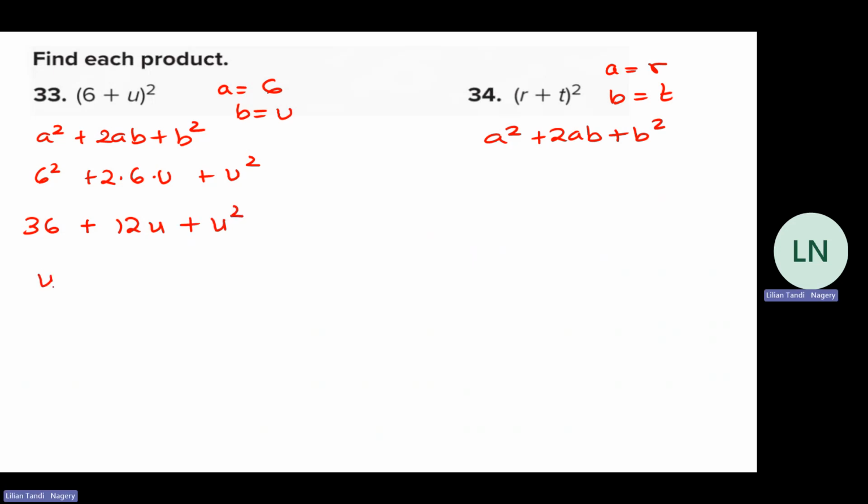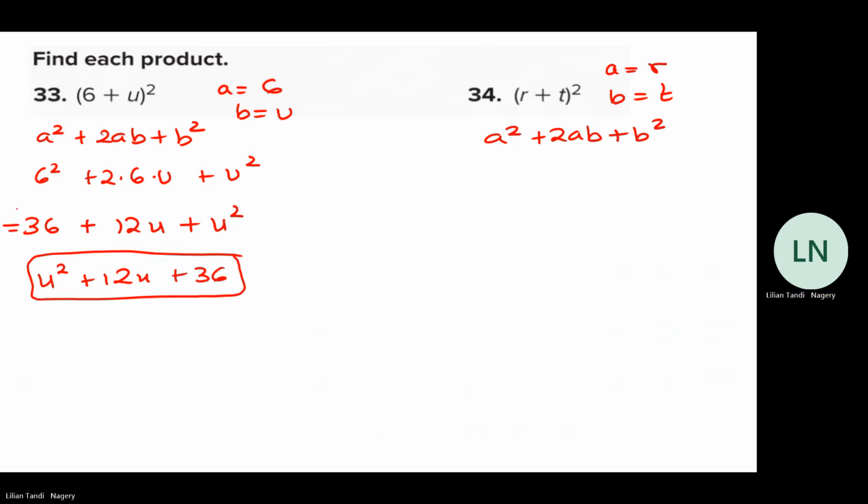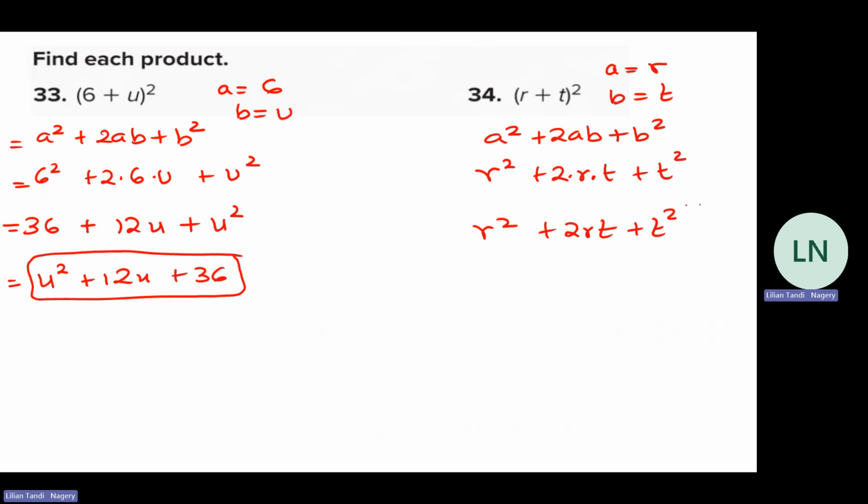You can write it in standard notation, u squared plus 12u plus 36. Okay? Here you're going to have r squared plus 2 times r times t plus t squared. R squared plus 2rt plus t squared. And you box your answer.